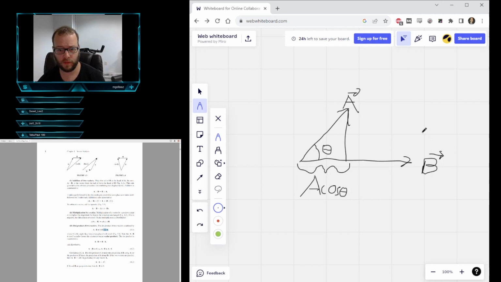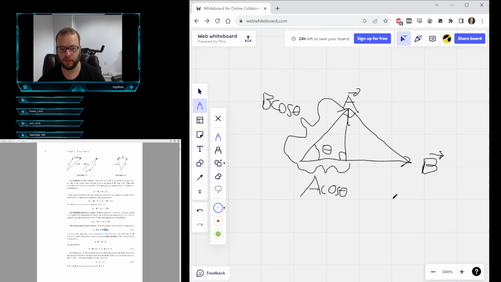You can also flip it around. A cos theta, if I quote unquote drop a perpendicular such that this is perpendicular, that's perpendicular, then this is B cos theta.